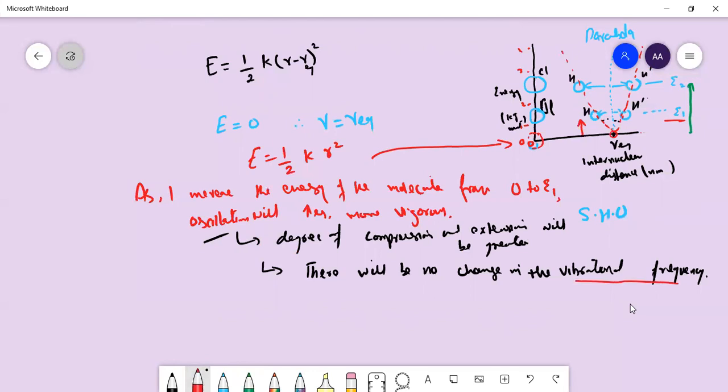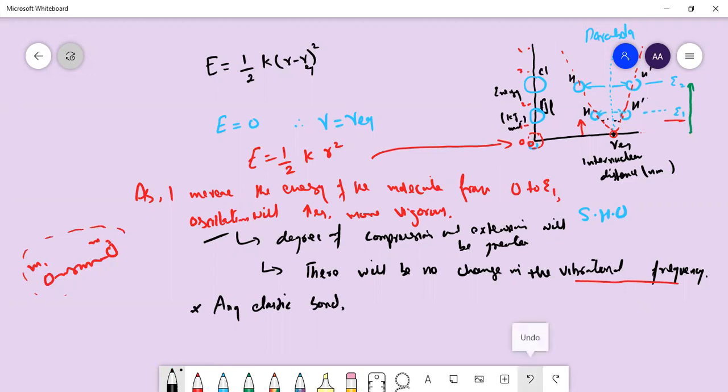So it means any kind of diatomic molecule, or I say any elastic bond, like yesterday we took the example of two atoms bonded by a spring, any kind of elastic bond has a certain intrinsic vibrational frequency.